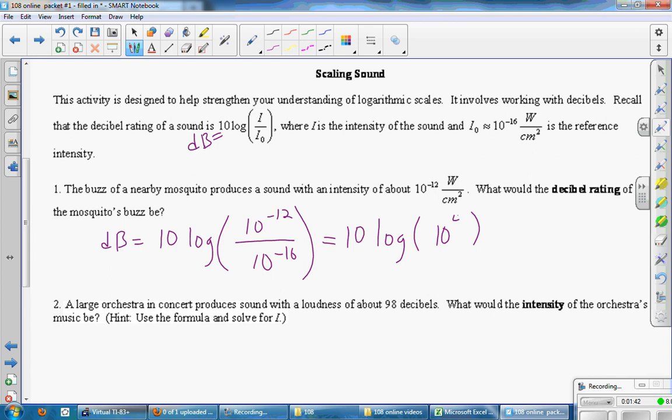Very carefully, you get 10 to the positive 4 here, and there's a 10 in the front, times log of 10 to the 4. Log of 10 to the 4 is an easy number. It's one of our nice properties of logs: log and 10 are opposites of each other and they cancel. We'll see that pretty clearly in a couple of classes when we talk about inverses, but we've seen this before. It's just 4. So 40 decibels is the rating of the mosquito's buzz.